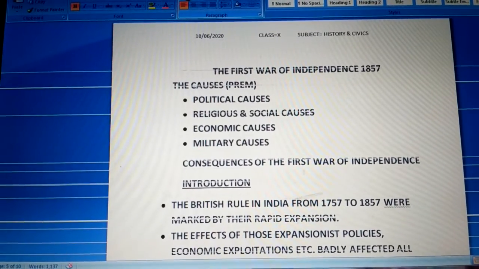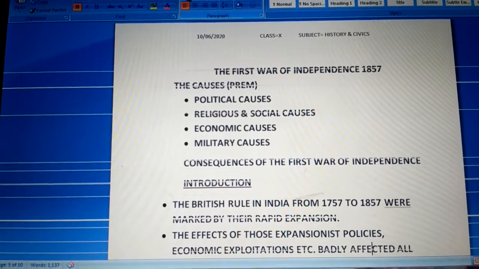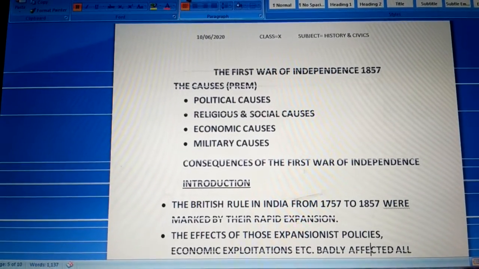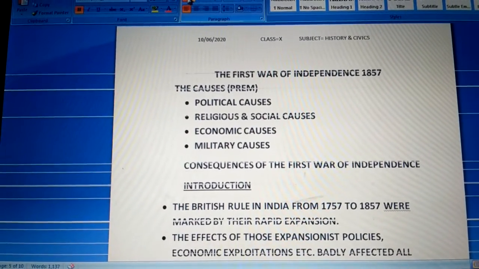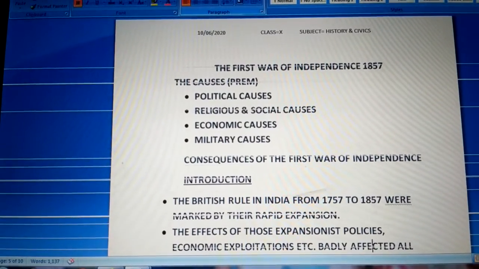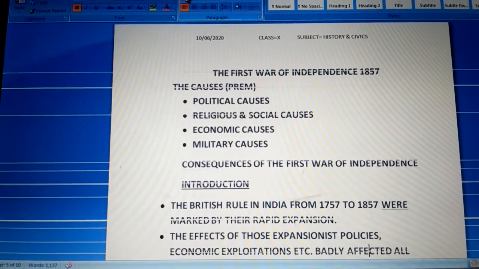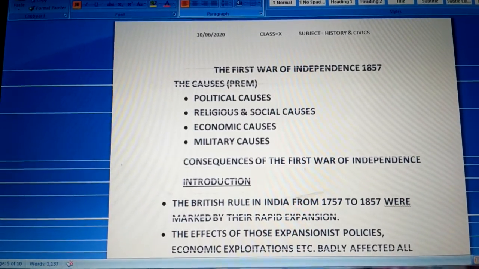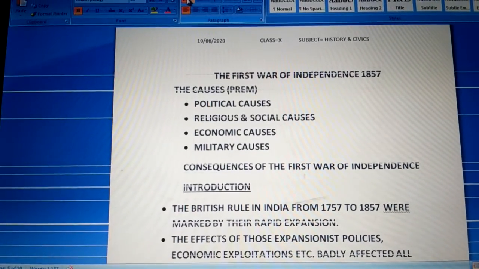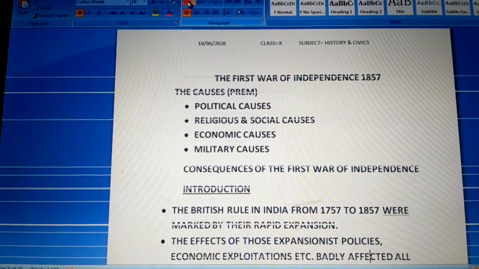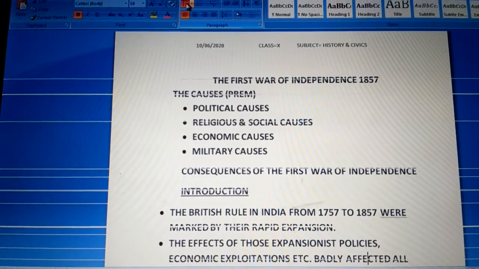P for political causes, R for religious and social causes, E for economic causes, and N for military causes. These 4 causes were there, and for this the First War of Independence 1857 happened.